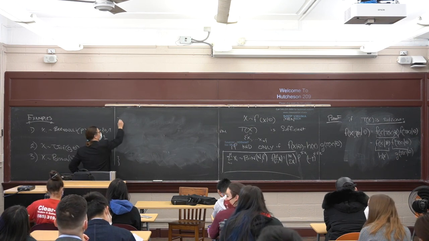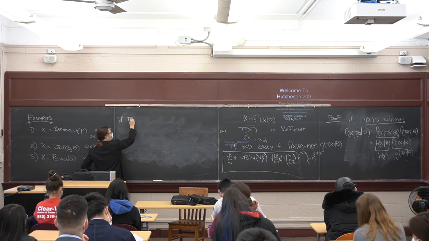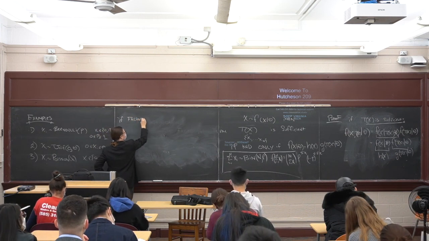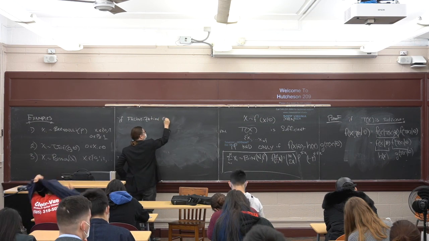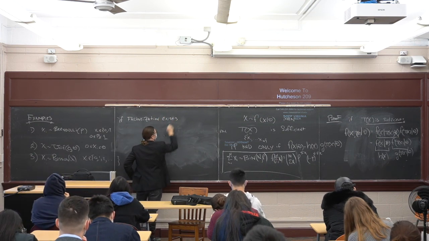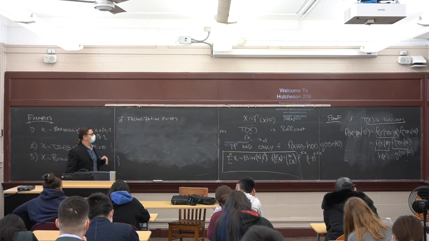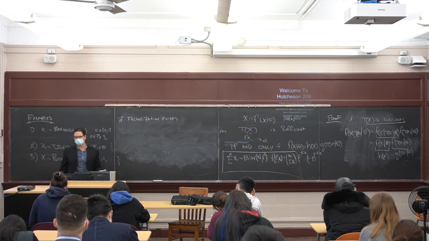Okay, so if the factorization exists, and what we'll prove from this is that T(x) must be sufficient.